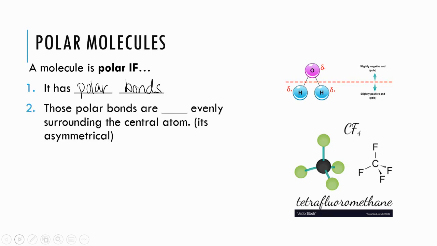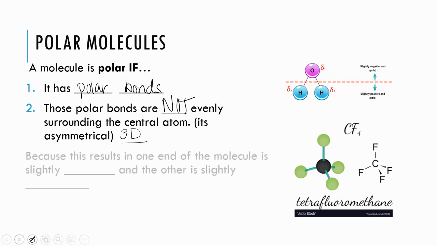The other thing that makes a molecule polar is if those polar bonds are not evenly surrounding the central atom. So we talked about Lewis structures and molecules that have one central atom, and that's what we're continuing to talk about here. If those pendant atoms that are bonded to the central atom are not perfectly evenly surrounding the central atom, and we're talking about 3D, 3 dimensions here, then that molecule is going to likely be polar.